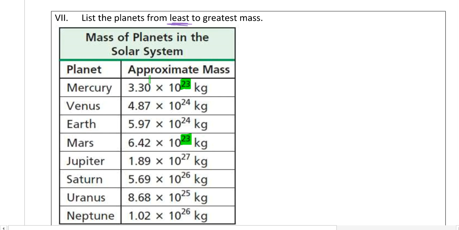Then I'm going to compare their significant digits, and 3.30 is smaller than 6.42. Therefore, Mercury is going to be the smallest planet, or the planet with the least mass.